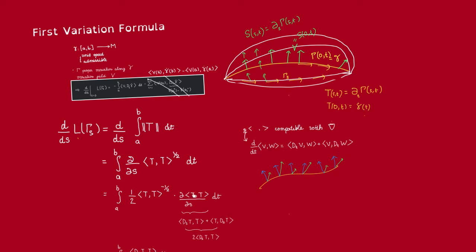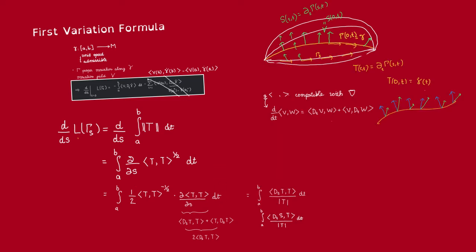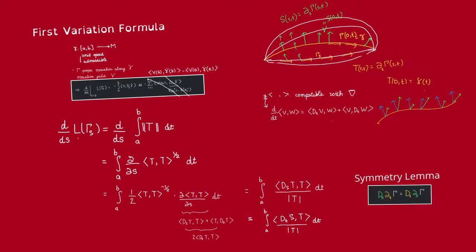So here we view this T as a vector field along the transverse curve. Alright, so from that we see that this expression is equal to this. So this whole integral is just going to be the integral of this expression divided by the norm of T. But now we have the following symmetry.